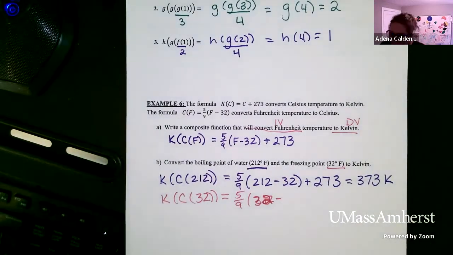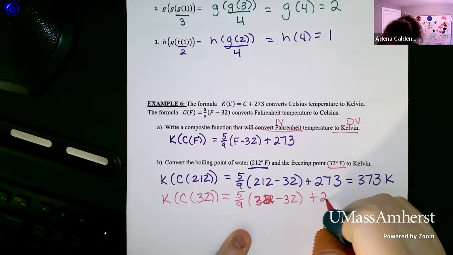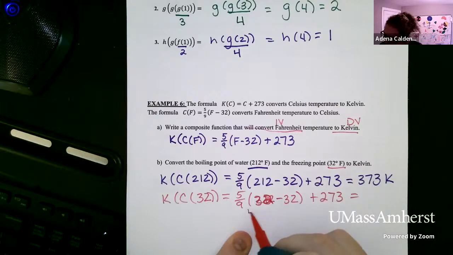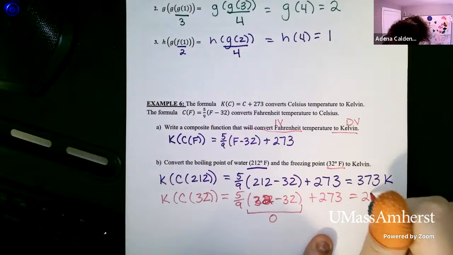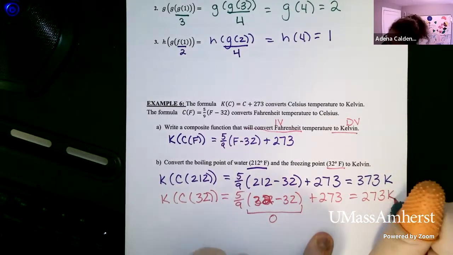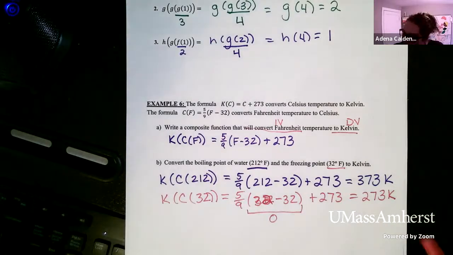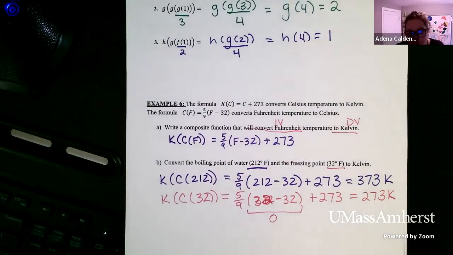I don't know why I said 212 again. So we can see that this is going to zero out, 32 minus 32, and so we just get that Kelvin is 273 degrees Kelvin. So the freezing point of water in Kelvin is 273 Kelvin, and the boiling point is 373 Kelvin.